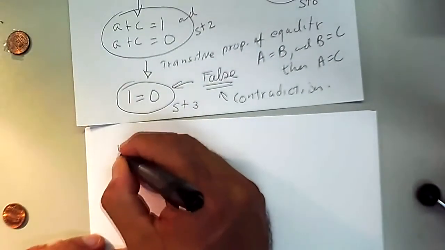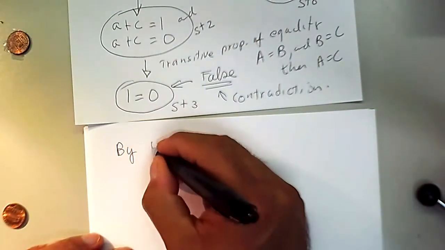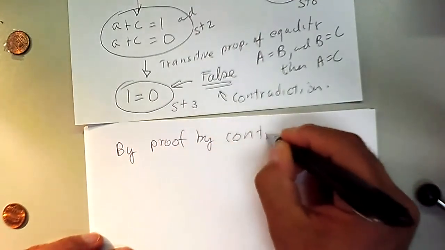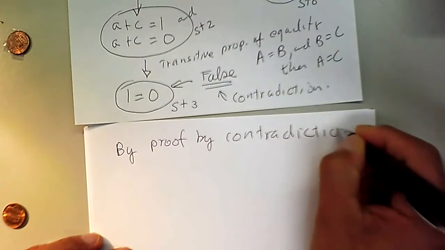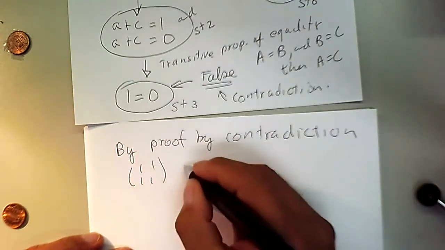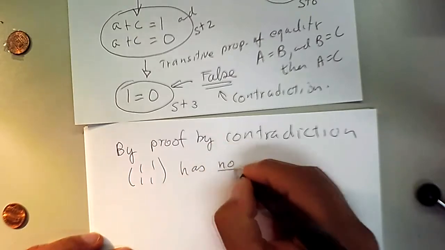So our conclusion, by proof by contradiction: the matrix 1, 1, 1, 1 has no inverse.